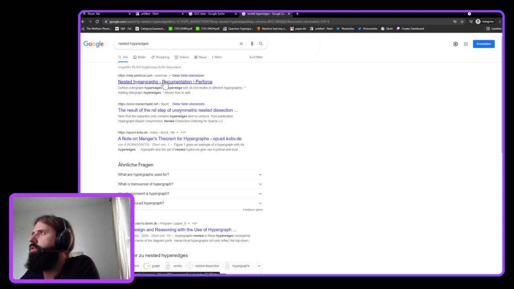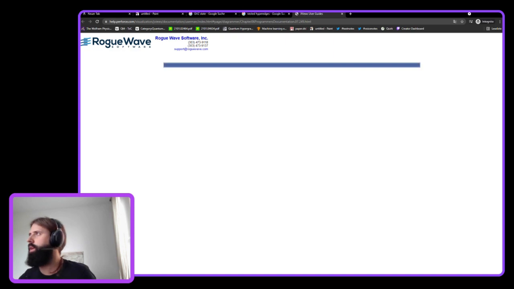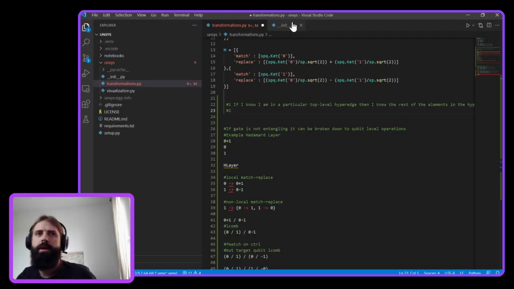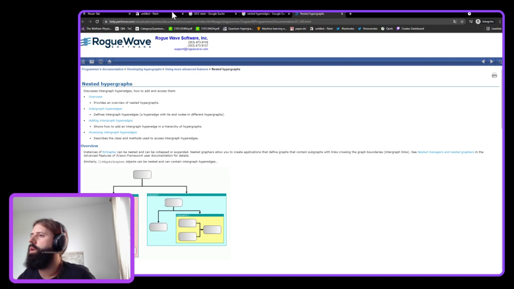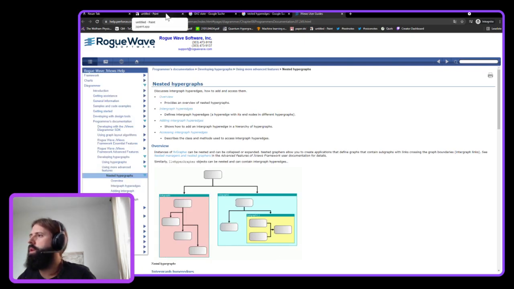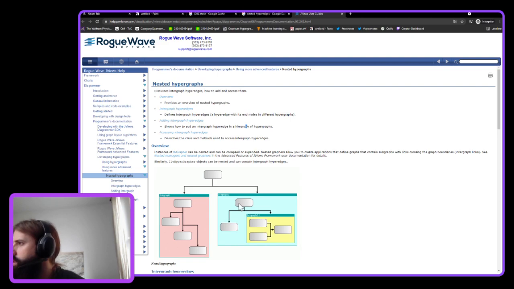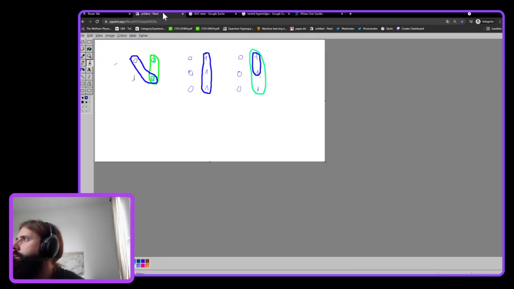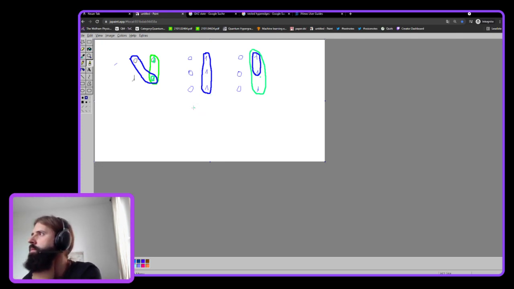Maybe there's a better structure for me. Maybe it's like a tree, right? Maybe subgraph one, subgraph two. Maybe it's rather a tree structure that I should use in this case.